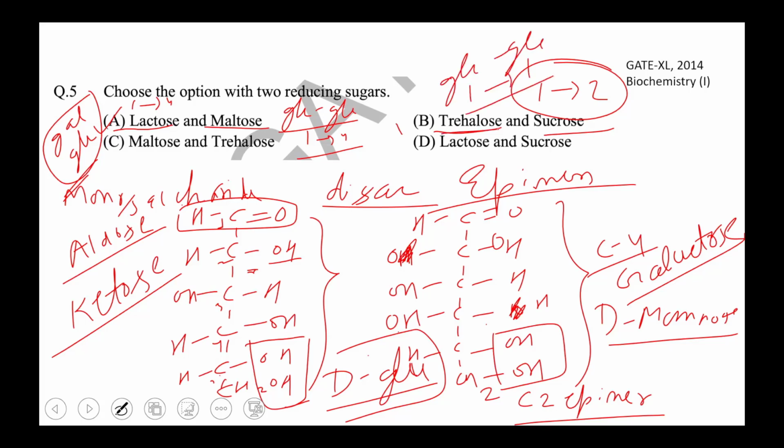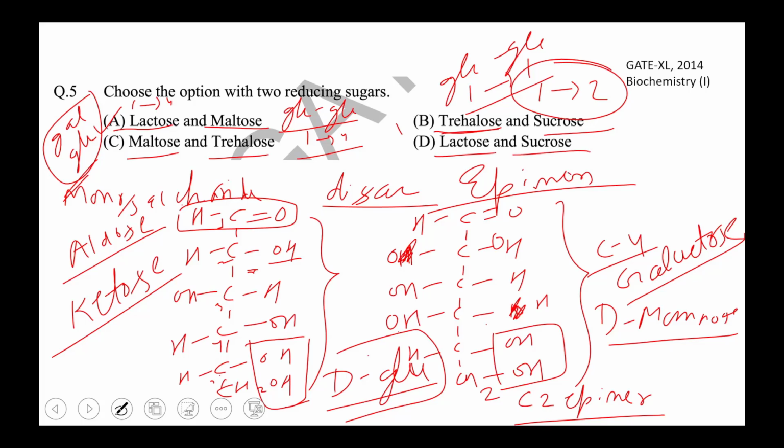That is why in trehalose no aldehyde group is free. Similarly, maltose is a reducing sugar, but trehalose becomes non-reducing because no functional group is available. And here also only lactose is the reducing sugar and sucrose is a non-reducing sugar.